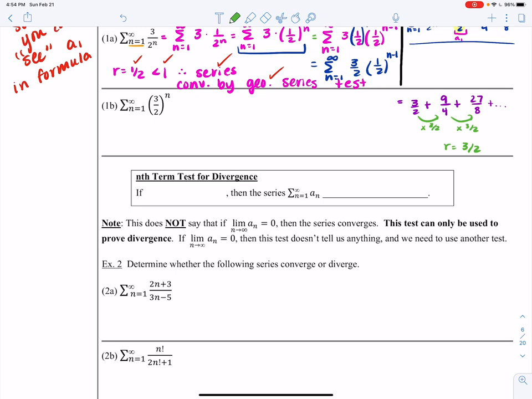So if my common ratio is 3 over 2, I could go right to the conclusion. I can say r is equal to 3 over 2. I need to make a comparison to 1. That's greater than 1. Therefore, the series diverges by the geometric series test.